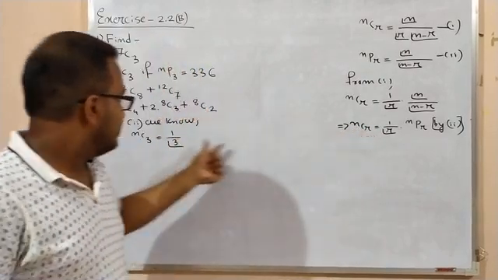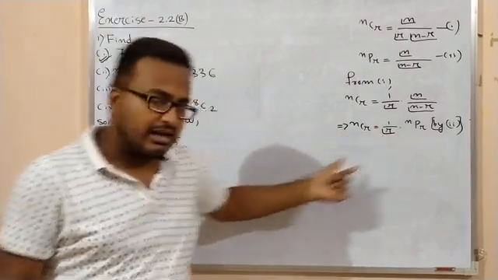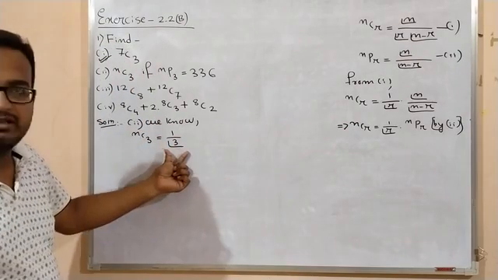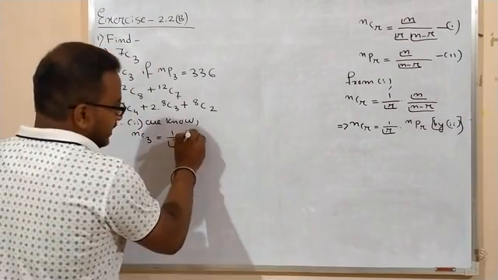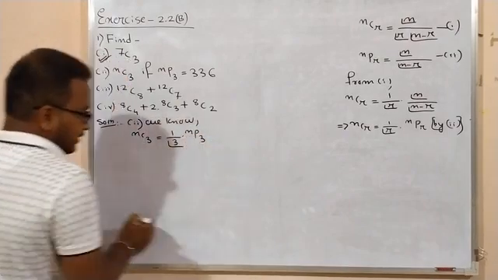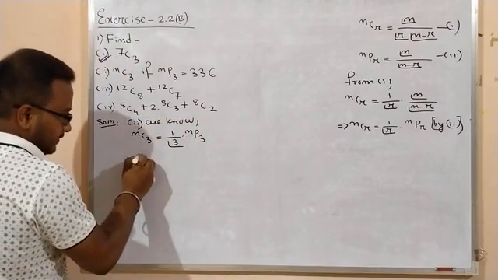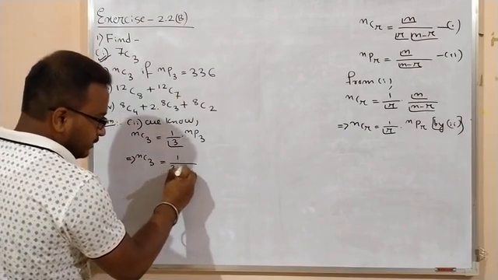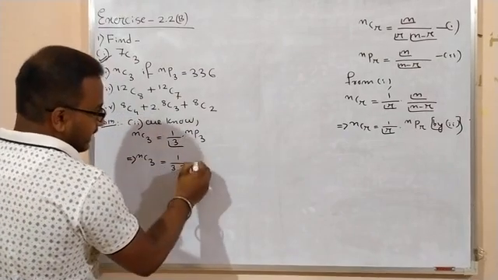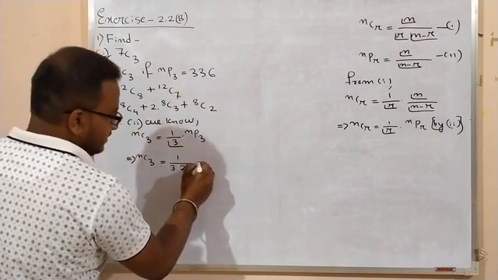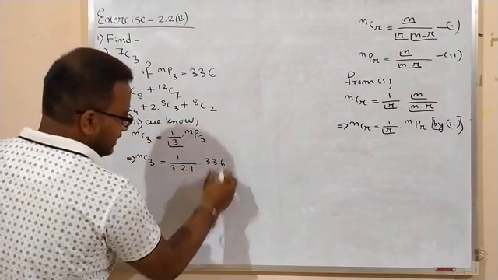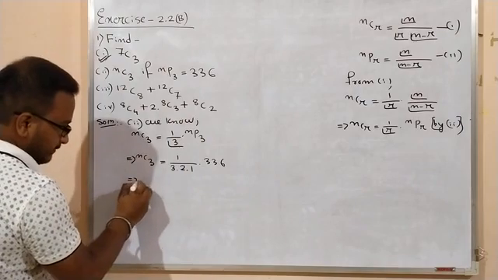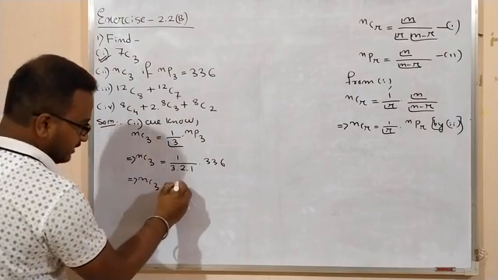So NC3 equals 1 by factorial 3, meaning 3 into 2 into 1, and NP3 is given, this is 336.